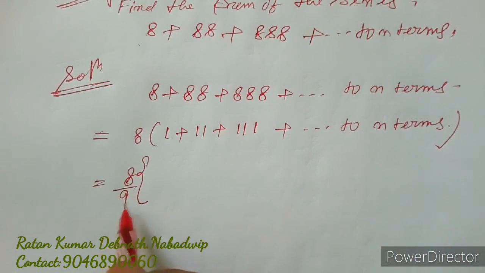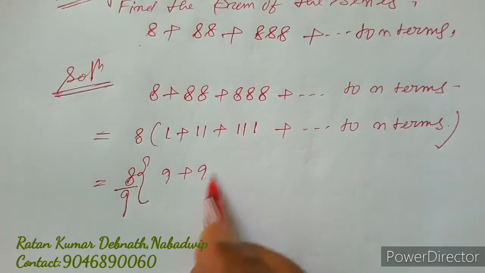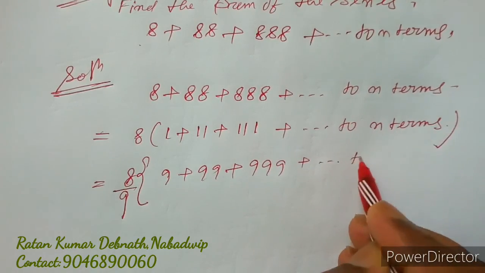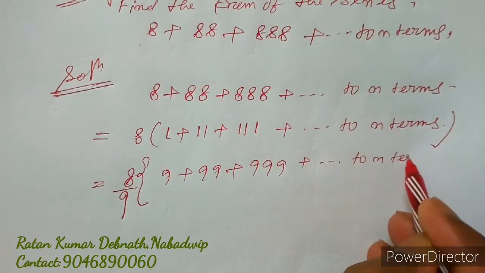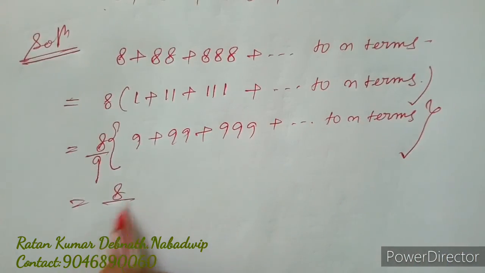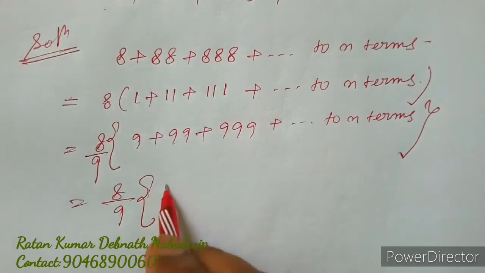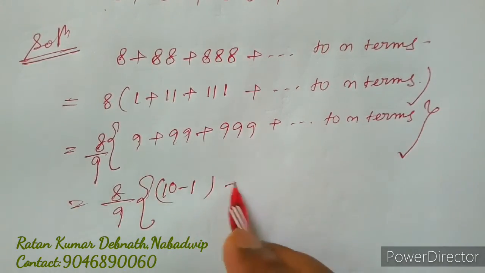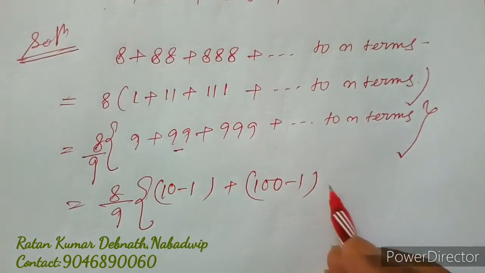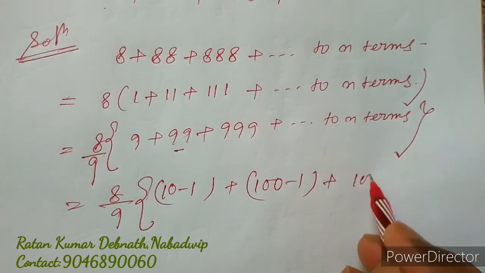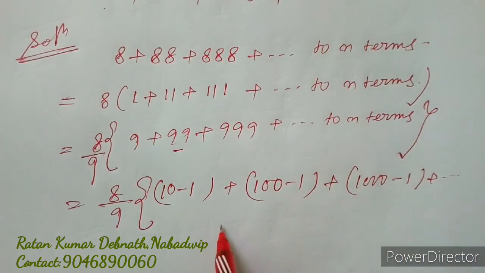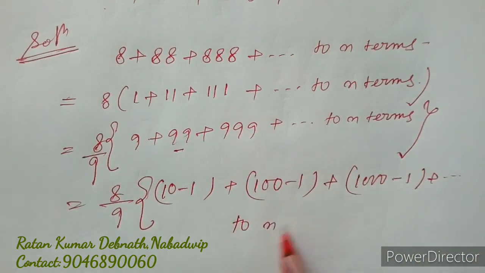Now you can write 8 by 9 into 9 plus 99 plus 999 to n terms. 8 by 9, 10 minus 1 means 9, 100 minus 1 means 99, 1000 minus 1 means 999, and so on to n terms.